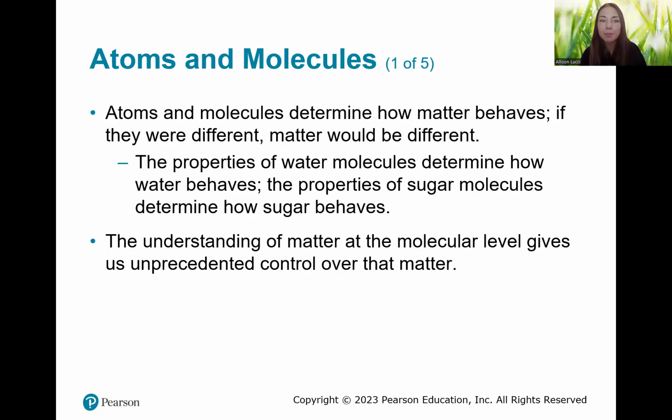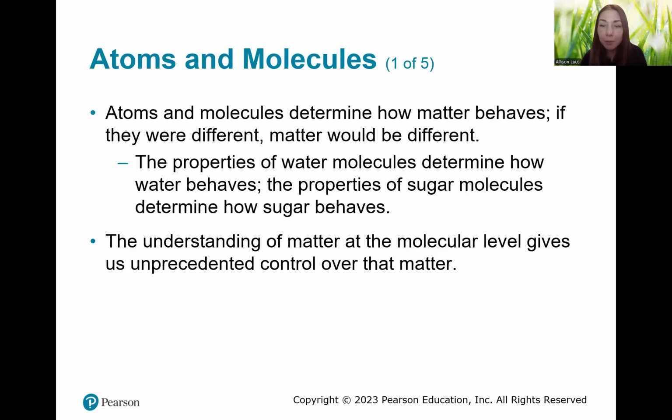As I just mentioned, atoms and molecules determine how matter behaves. Matter is anything that we see, that we touch, that we can feel, anything that takes up space and has mass. So it contains atoms, these building blocks of matter.